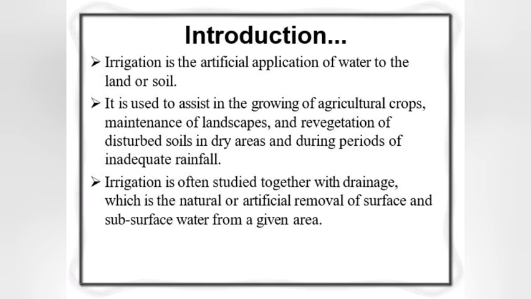Usually, we can say that water is supplied to crops by nature in the form of rainfall. The rainfall in a particular area may be either inadequate to bring the crop to its maturity, or its distribution may be ill timed.